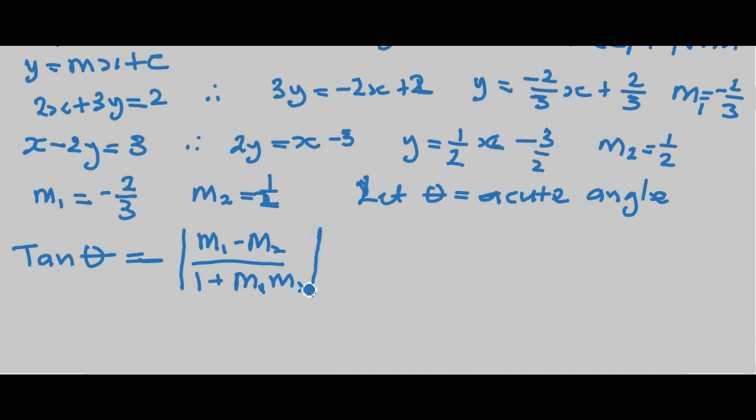What we mean by absolute value is that it could be positive or negative, we just take only the scalar value of that. So our theta, which is the angle, is the inverse tan, or arctan, of the absolute value of (m1 minus m2) over (1 plus m1 m2).